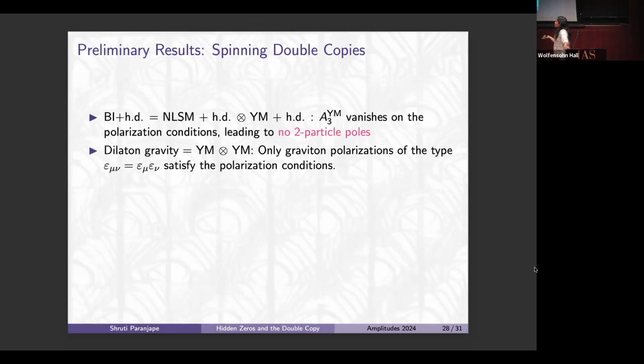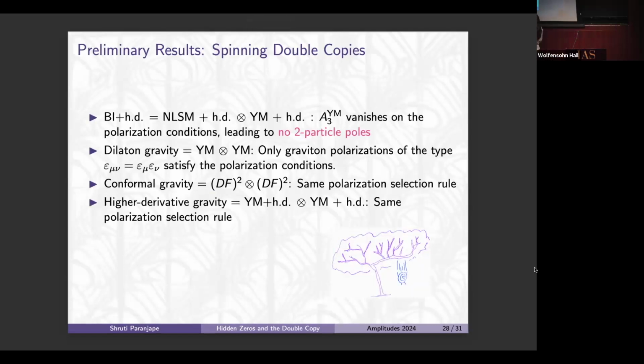Or you can think about it as some like polarization for a fat graviton. So the graviton that comes out of a Yang-Mills times Yang-Mills double copy. Okay, so similar conditions are true when you're looking at df squared times df squared or even higher derivative Yang-Mills. You still have these polarization conditions, so you can only see the zero as long as these polarization conditions are satisfied, which basically boils down to this condition on the polarization tensor.